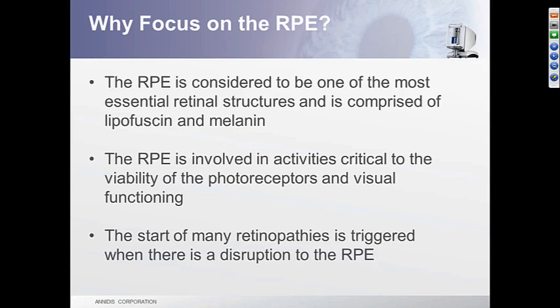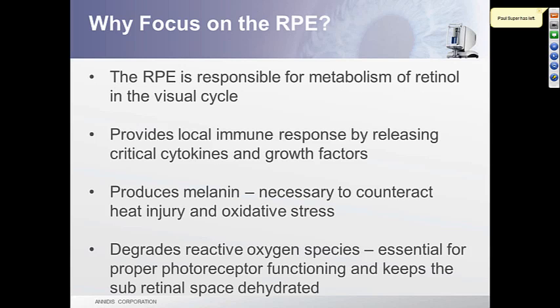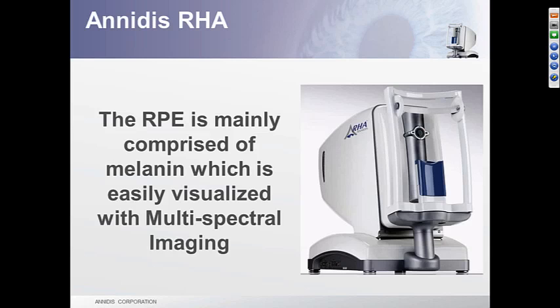We all know how important the RPE is in the pathogenesis of most retinopathies, dystrophies, and degenerations. It's responsible for the metabolism of retinol and the visual cycle, it's a highly metabolic tissue, provides for a local immune response, which can be good and which can be bad, produces the pigment melanin, and also works to degrade reactive oxygen species, which are created from environmental and other exposures, and of course keeps the subretinal space dehydrated.